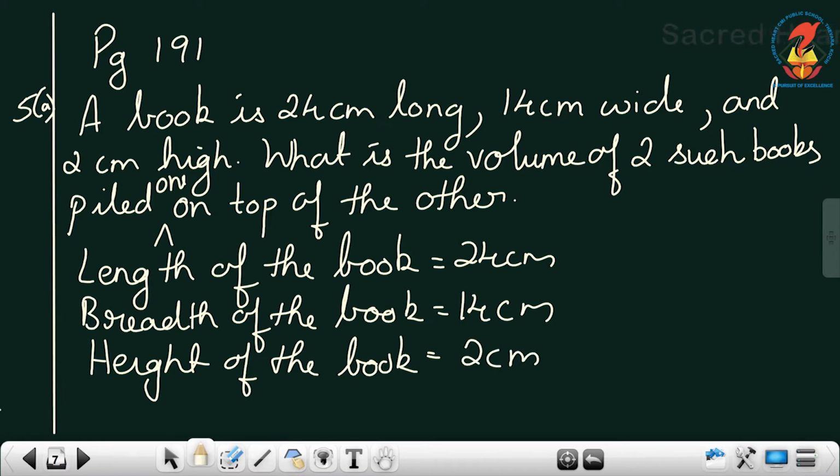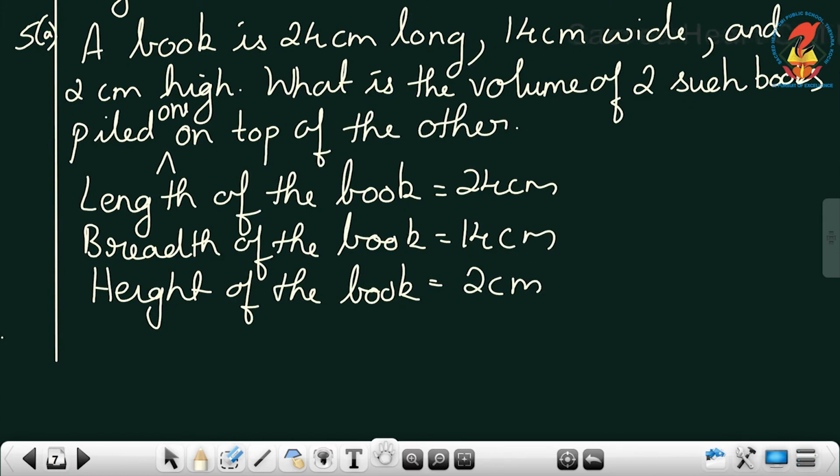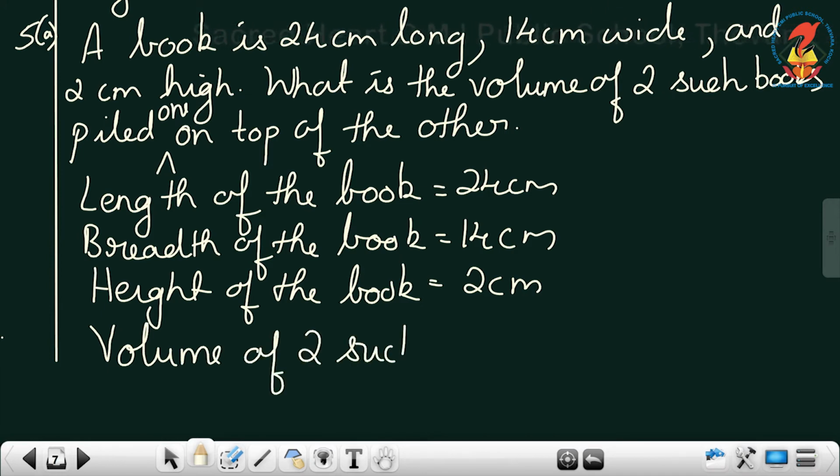Okay. So they are asking you what is the volume of 2 such books placed one on top of the other. So here I am going to do it together, volume of 2 such books.